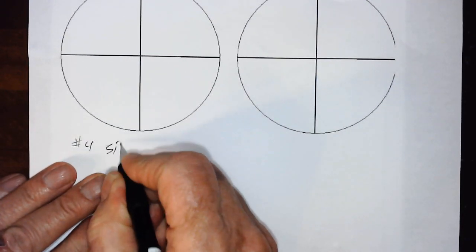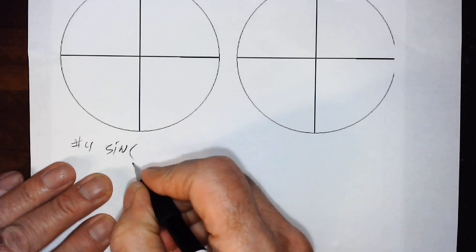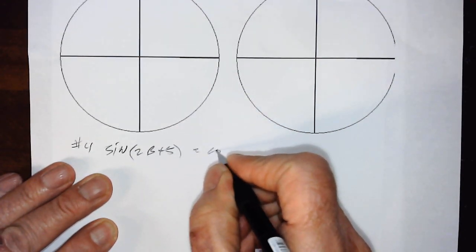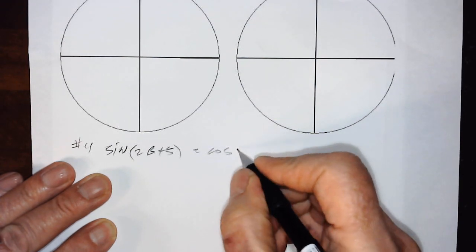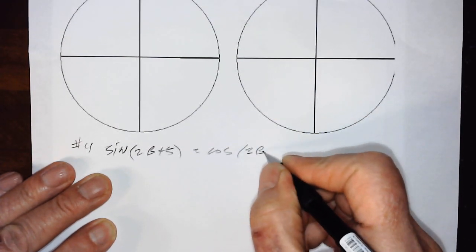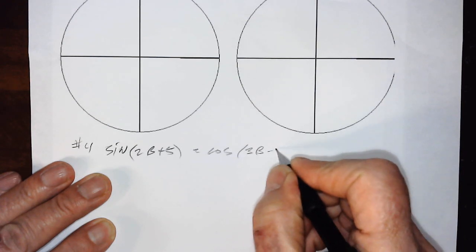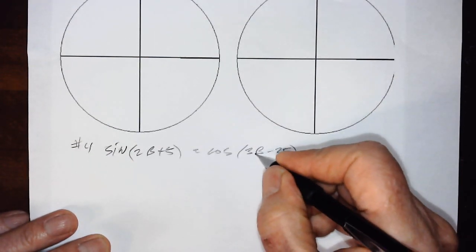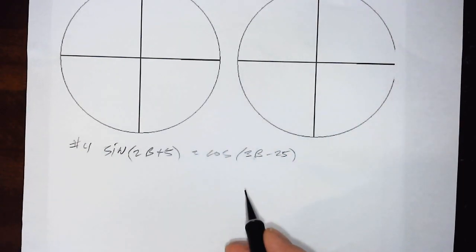They give us the sine of 2 beta plus 5 equals the cosine of 3 beta minus 25. What they're asking is to find a value for beta that will make this equation true.